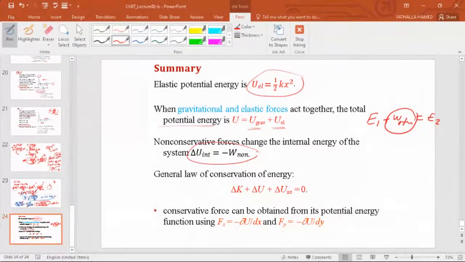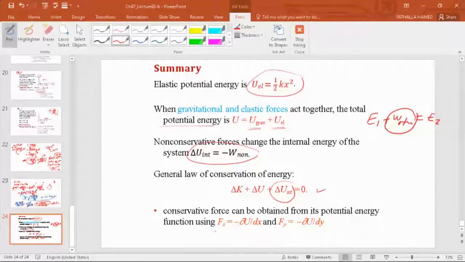Finally, if delta K plus delta U equals 0, that means your energy is conserved. But if it's not equal to 0, then you have work done by other forces. And we equated that to the change in the internal energy of the system. And that's why we said the energy is not created or destroyed, but it transforms from one form to the other.